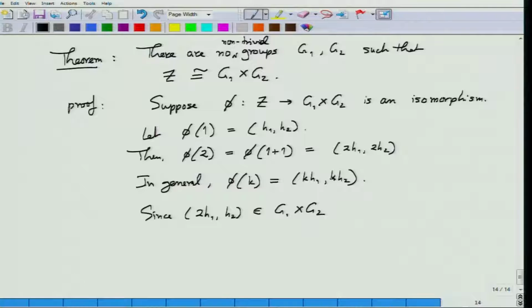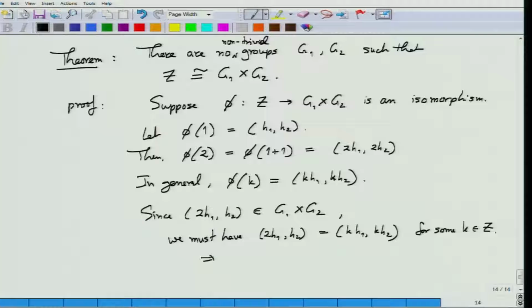So, it must occur in the range of phi. So, 2H1 comma H2 is k H1 comma k H2, and then you take these two group elements and subtract them: you get k minus 2 H1 comma k minus 1 H2 is 0.